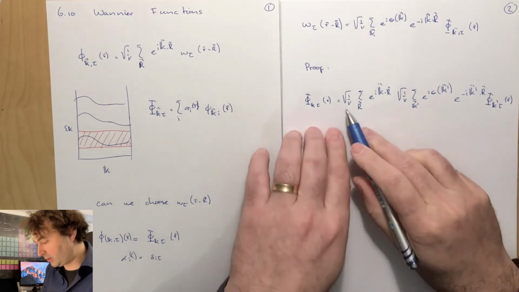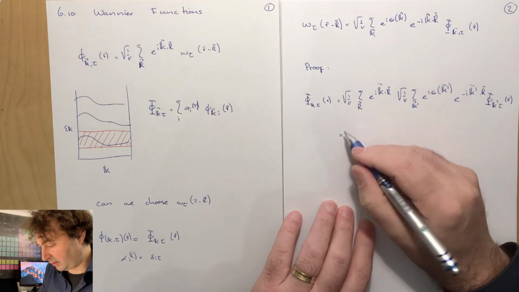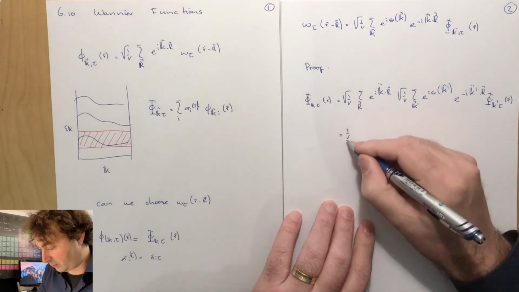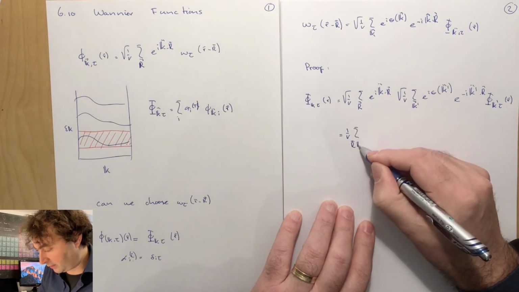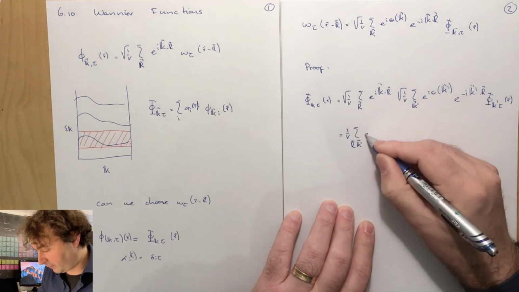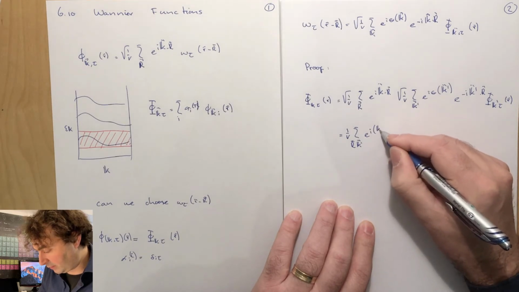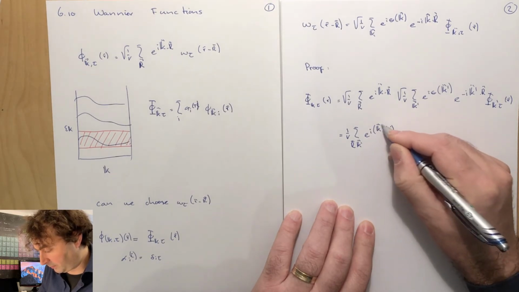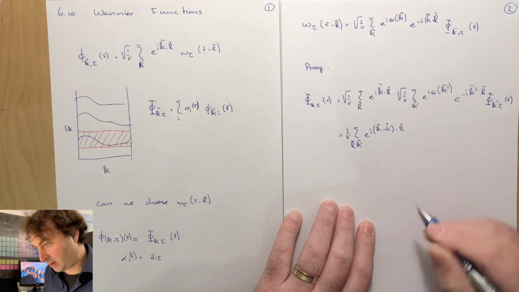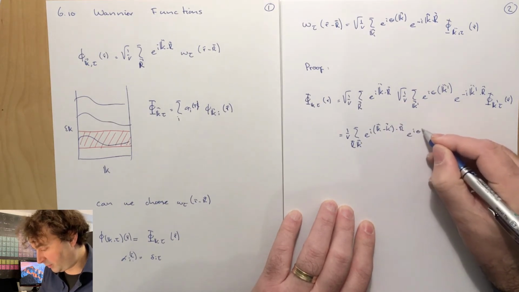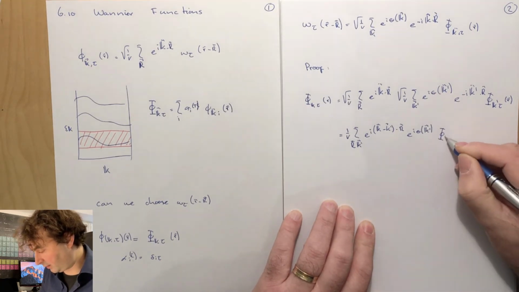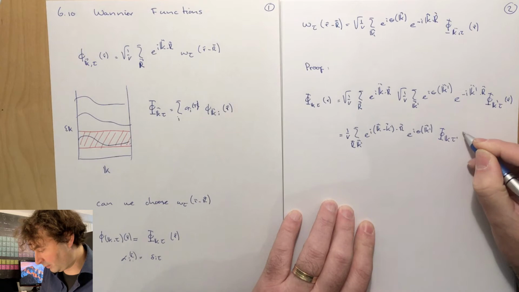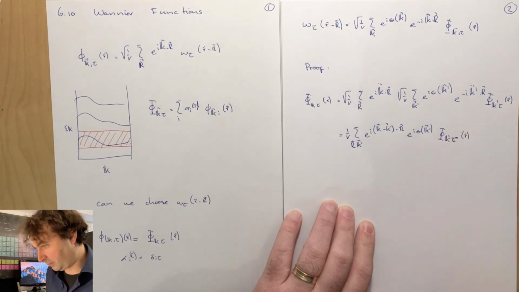If we work this out, this is 1 over V times, 1 over square root of V squared is 1 over V. Then we have a sum over all lattice sites, all crystal momenta, e to the i (k minus k prime) dot r, our phase function k prime, and the eigenstate k prime tau.